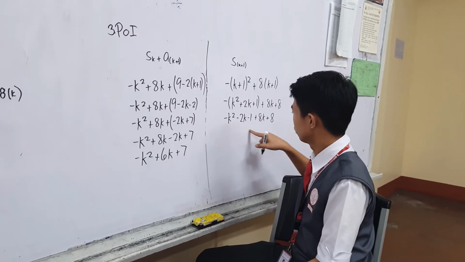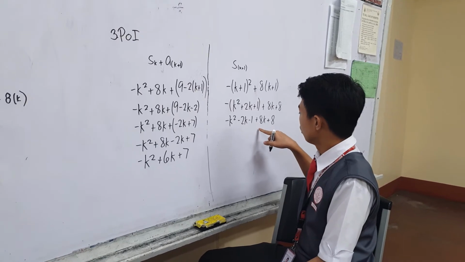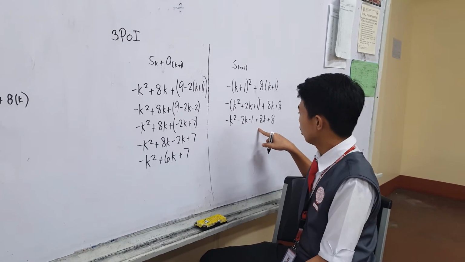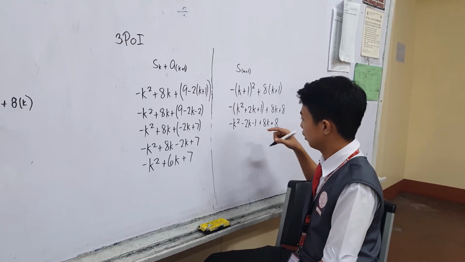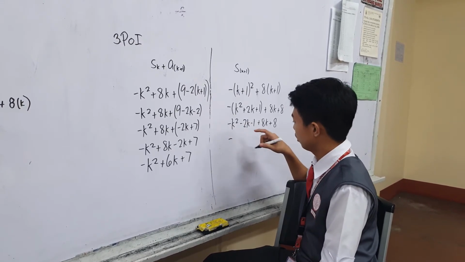Combine the like terms. So, negative 2k and positive 8k are alike. That's why we should combine them. Also with negative 1 and positive 8.